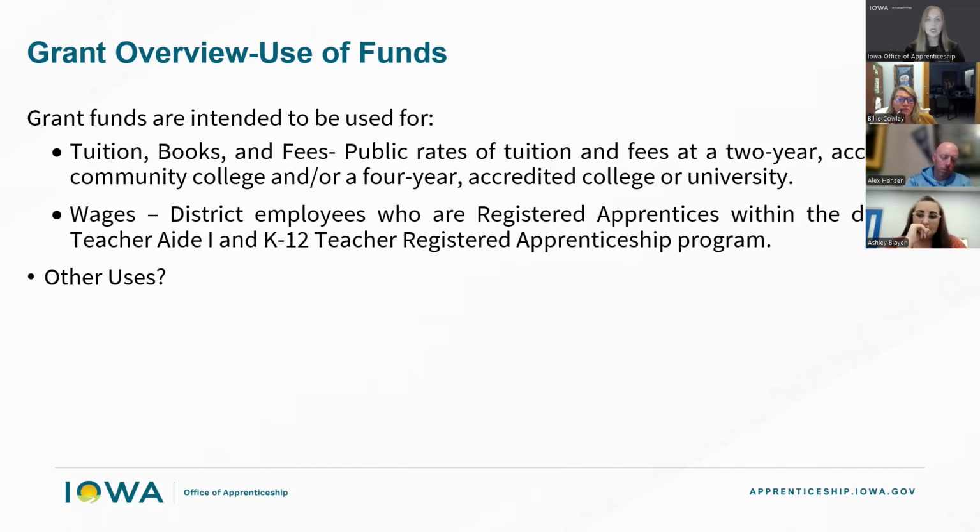So, for example, in our first iteration of TPRA, you have some programs that decided we're only going to use our grant funds for tuition. That is what we have decided is the most important thing. So that's what they use their funds for. Other programs decided, we really need to incentivize our current classroom teachers to be mentors. So they decided to offer mentor stipends.